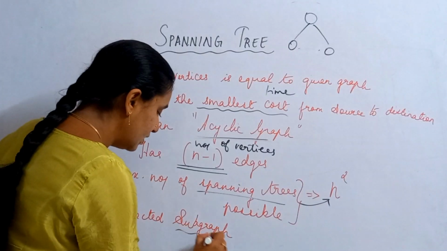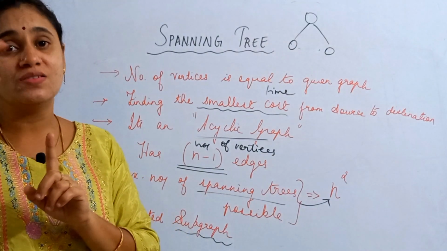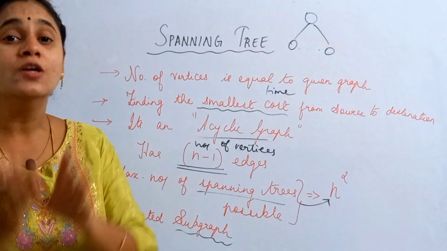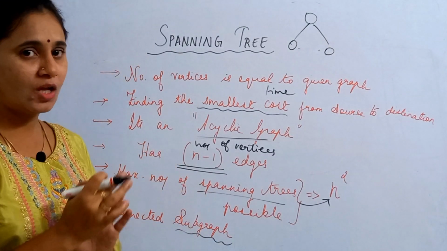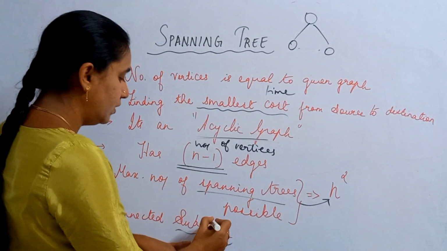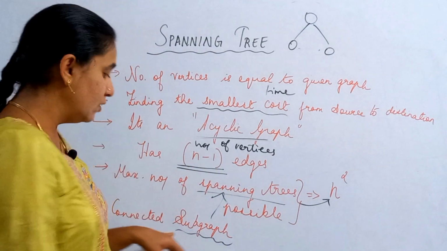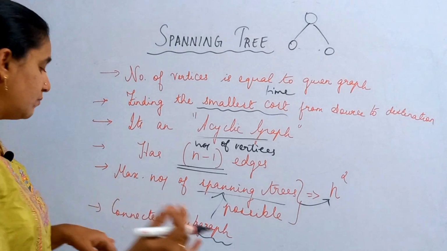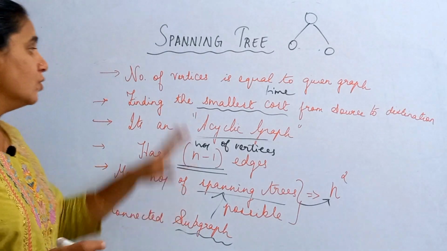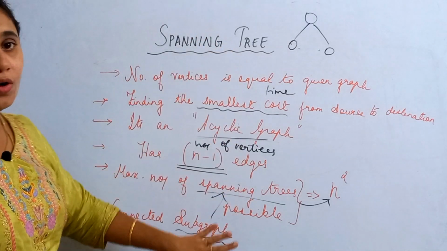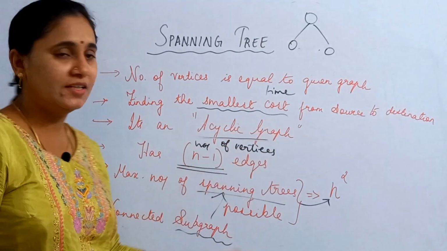A subgraph is from the original graph only, we construct a spanning tree. That resultant spanning tree we call a subgraph. So all the resulting spanning trees will be connected subgraphs. These are all important points of spanning tree. Friends, please understand and then write it down.